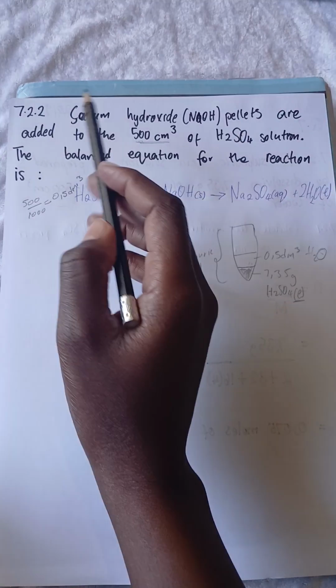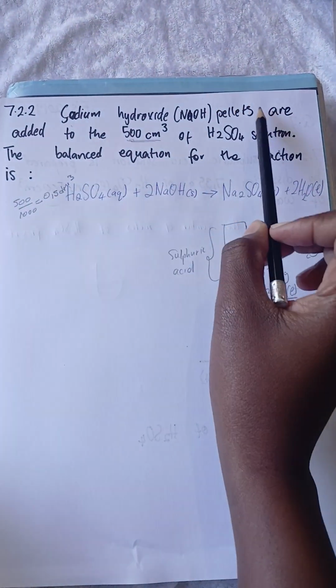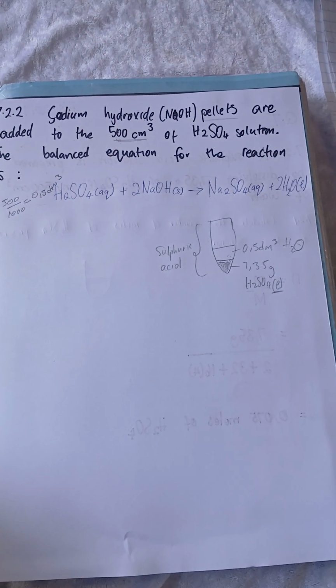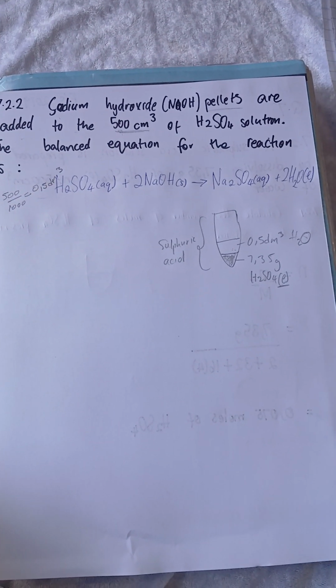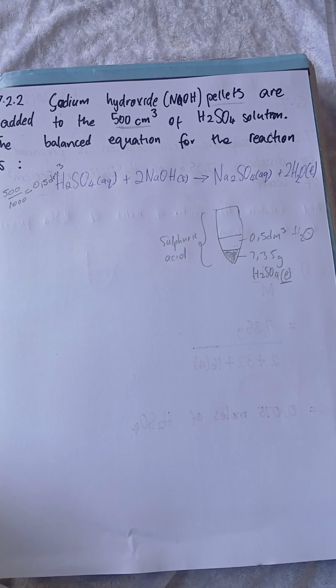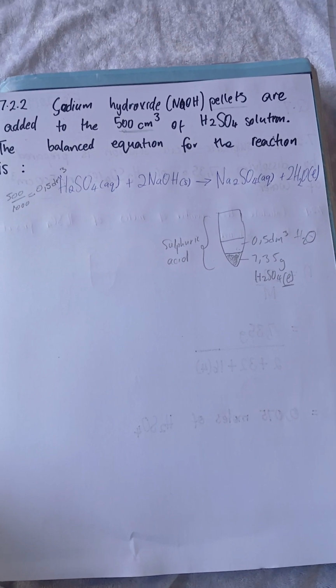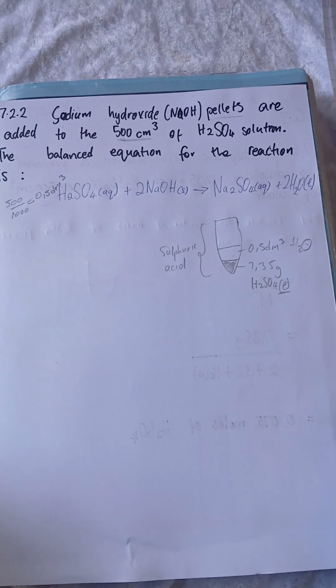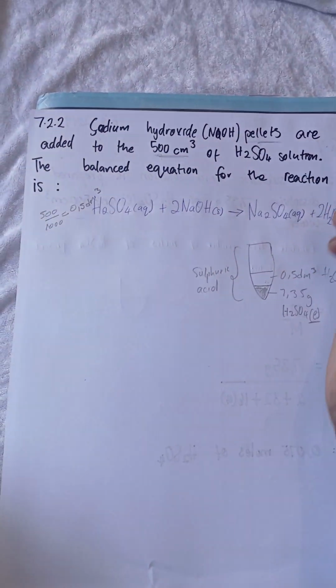They are telling us that sodium hydroxide pellets are added to the 500 centimeter cubed. It's not said whether this is solid, but we know that pellets are solid.